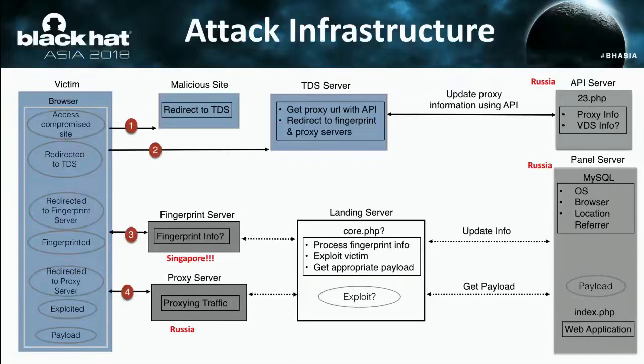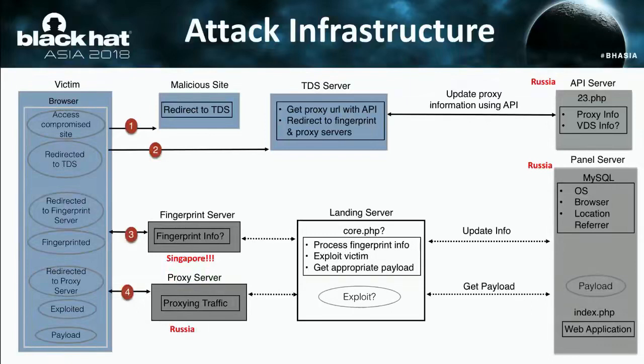So TDS uses the API link previously generated and updates the proxy server information with the panel server and API server.